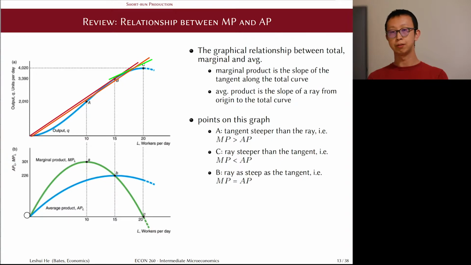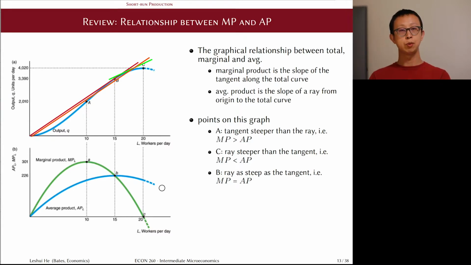The average product of labor increases and reaches the peak at a later point, point B here. And this is where the marginal product and the average product coincide. And once we move beyond point B, the average product also starts to decrease.